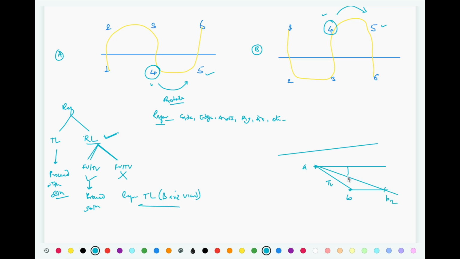We know the inclination of the true length is denoted by phi, and the inclination of the top view is denoted by beta. So we locate the true length first, draw a locus through that point, and then we locate the top view. The same rule we are going to apply to this projection of plane.